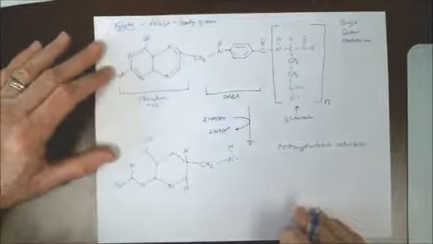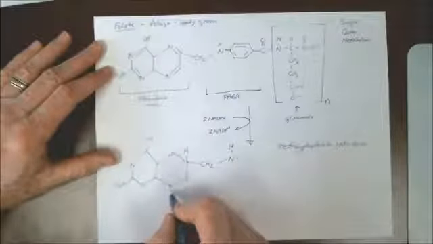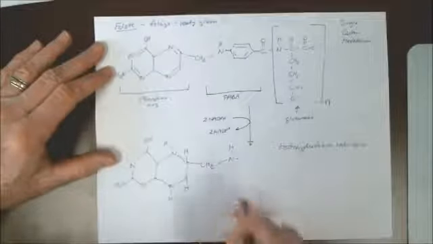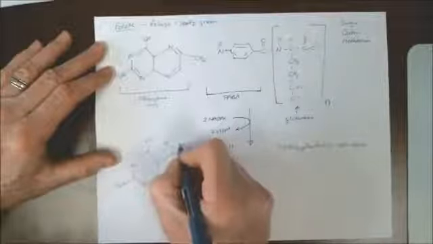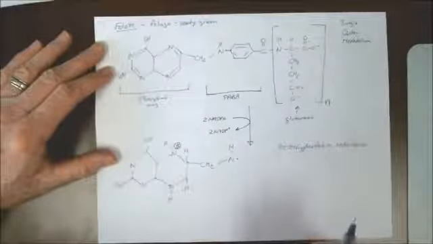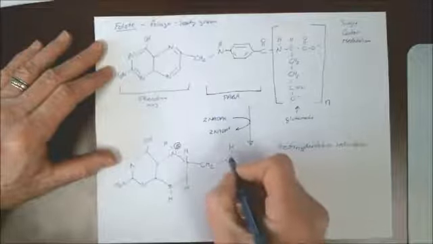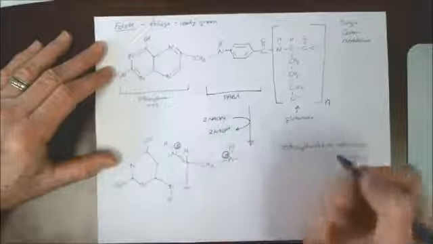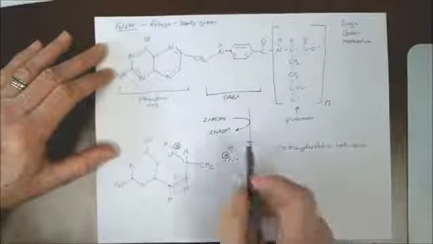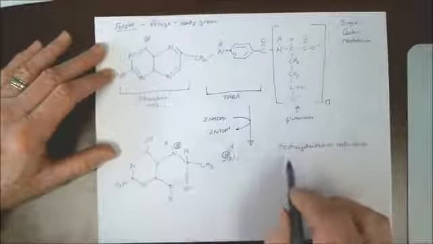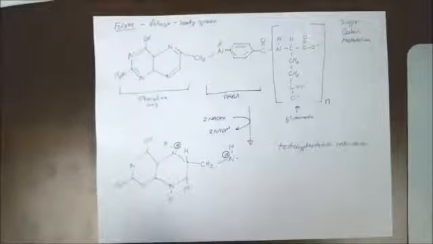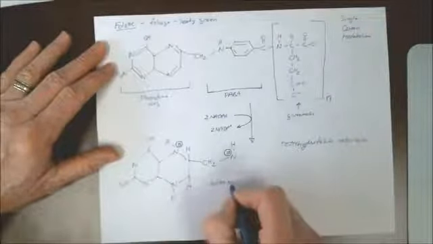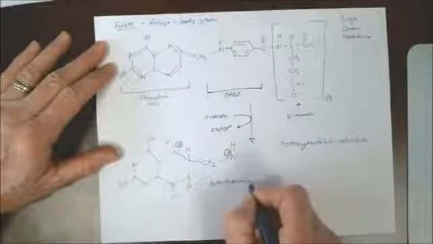Now, the numbering on this is critical because we are going to be focusing ourselves on two particular nitrogens. We are going to focus on this nitrogen, which is considered atom number 5 in the ring, and we are going to focus on this nitrogen, which is considered atom number 10 in the folate structure. Now, once we undergo these redox reactions with NADPH and the enzyme tetrahydrofolate reductase, this structure now becomes tetrahydrofolate.